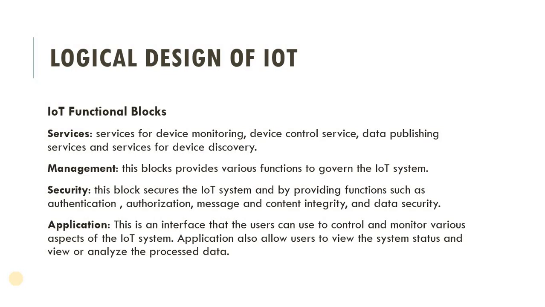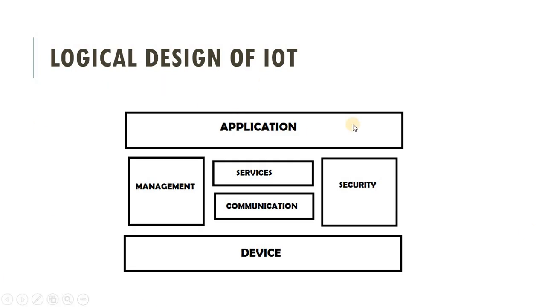So the functional blocks are the functionality provided by the IoT application. This is the block diagram of the functional blocks of IoT, showing management, device, security, services, communication and application.